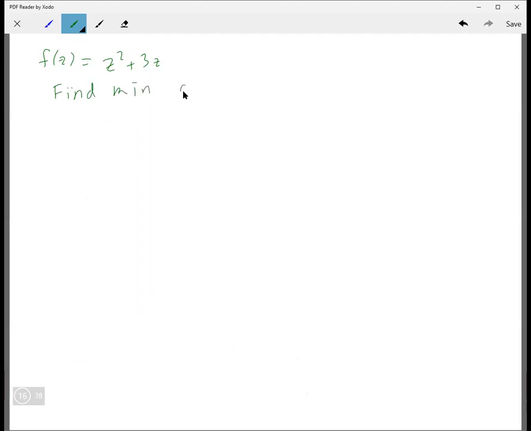Let's find the minimum and the maximum of the modulus of f of z on the circle whose center is 0 and radius 2.